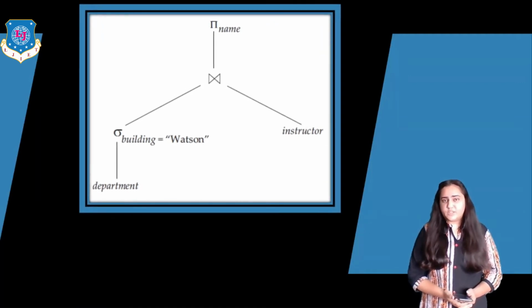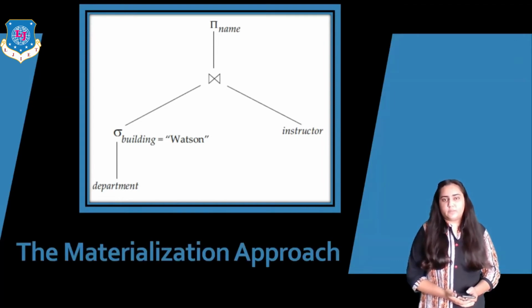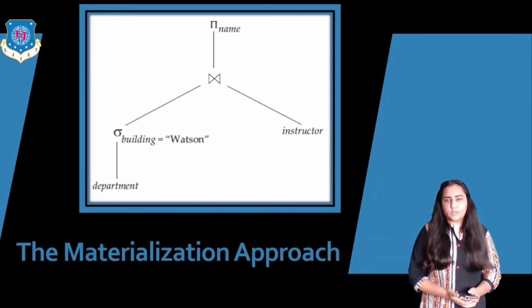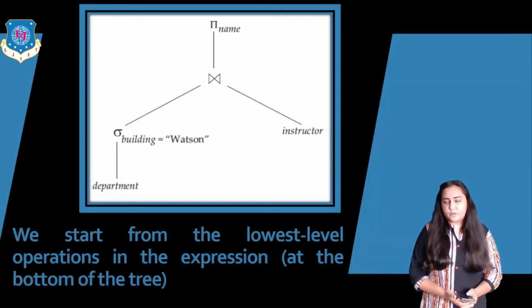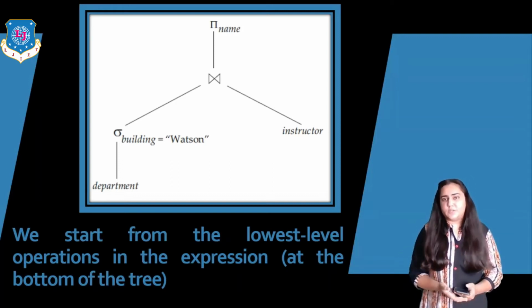The first way to evaluate such expressions is to apply the materialization approach. This approach works in the following manner. We start from the lowest level of operations in the expression, that means at the bottom. At the bottom, you can see the expression that is there is department.